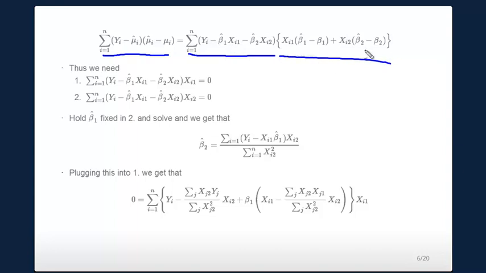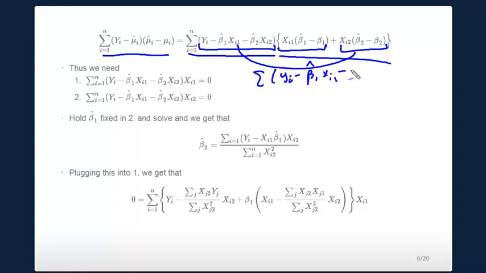But notice we could multiply this times this, and then this times that, and we would get two equations: the summation of y_i minus beta 1 hat x_i1 minus beta 2 hat x_i2 times x_i1 times beta 1 hat minus beta 1, and then the same thing with a beta 2 hat minus beta 2 and an x_i2.